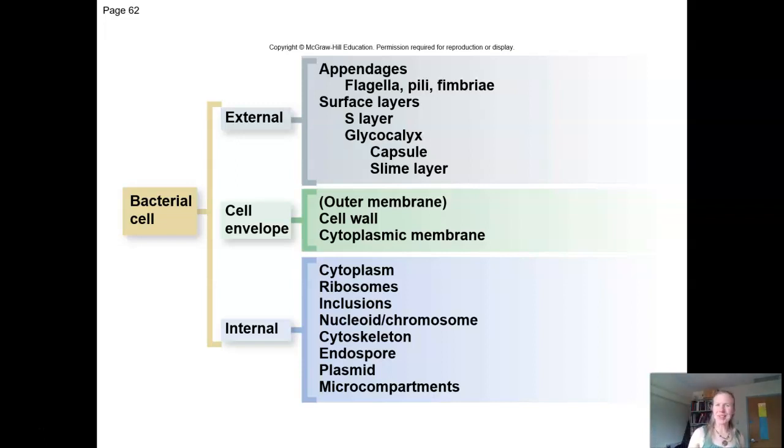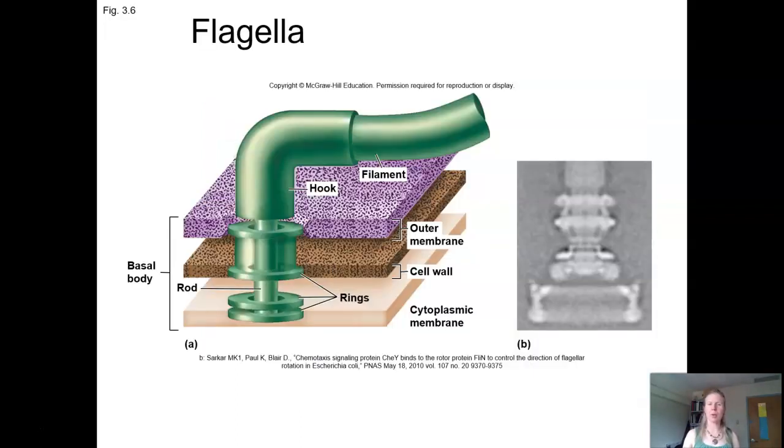And see what kind of things we come across. So if we start on the very, very outside, we're going to do what are called the appendages. So like on you, that's your arms and legs. And so what are these appendages, these things sticking out on the outside surface of a bacterium? We have flagella, pili, and fimbriae. So let's take a look at those.